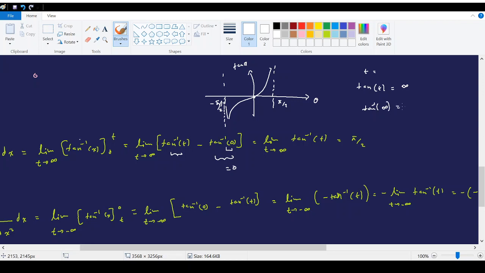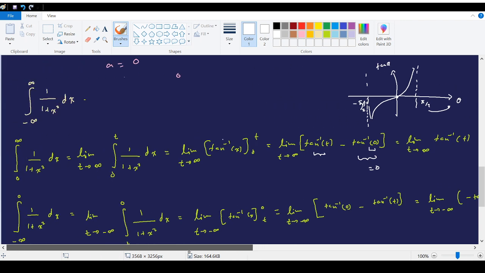So we need to find the suitable value that tan inverse infinity is equal to. What should that be? That will be pi by 2. See, if you substitute theta as pi by 2, you can see tan theta will go to infinity. So this will be equal to pi by 2.